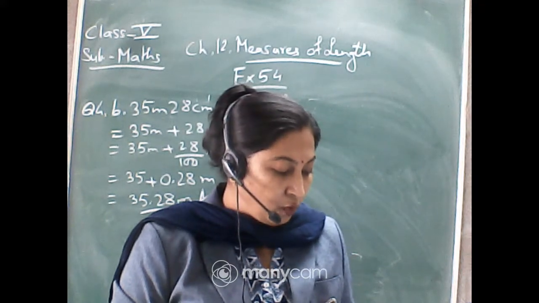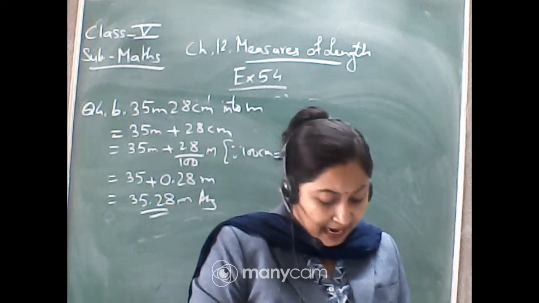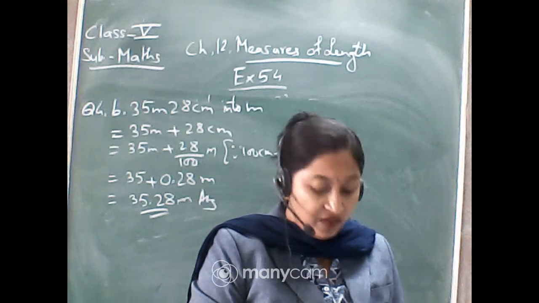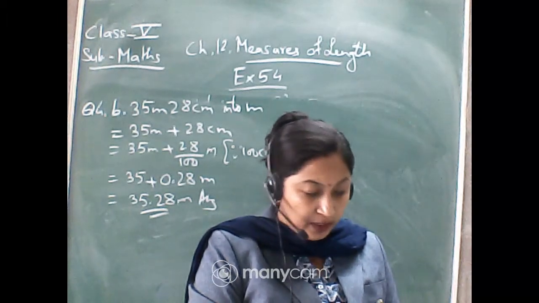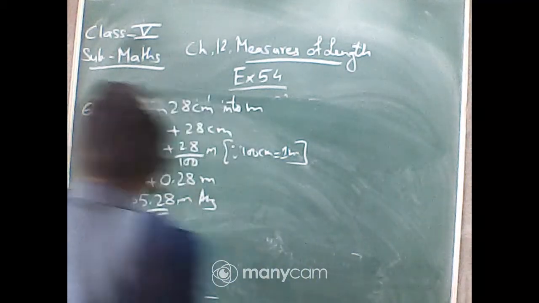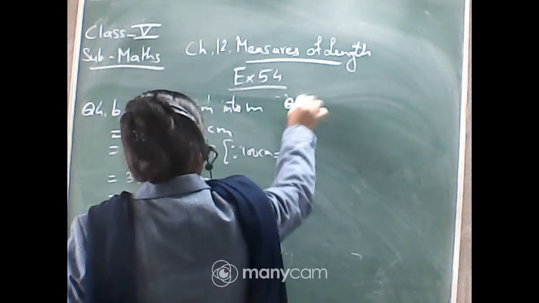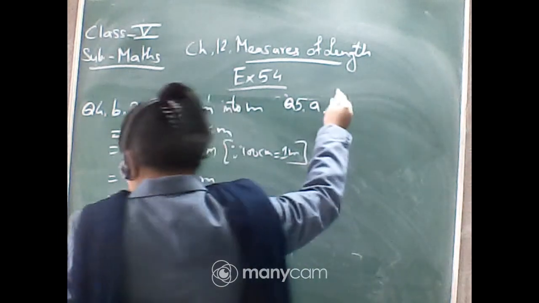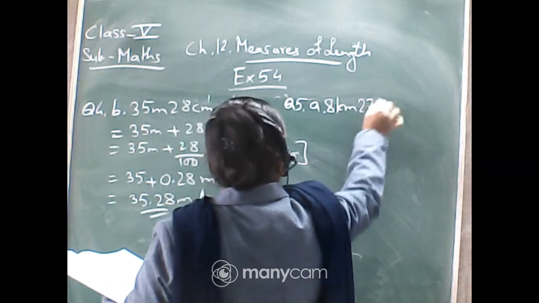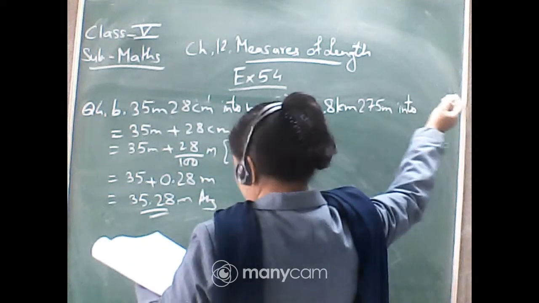Okay, now come to question number 5. You have to convert 8 kilometer 275 meter into kilometer. Now kilometer and meter are given, you have to convert the whole thing into kilometer. Okay, so let us do this one. Question number 5a, it is given 8 kilometer and 275 meter into kilometer.